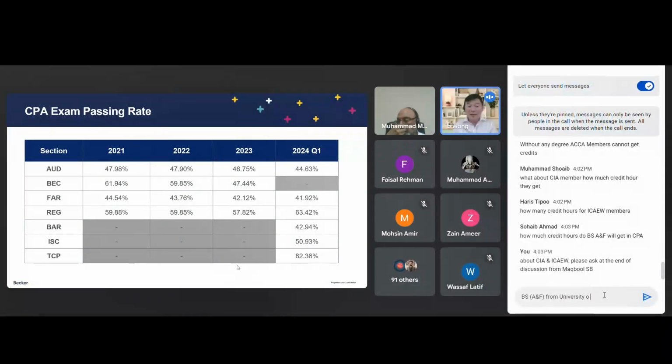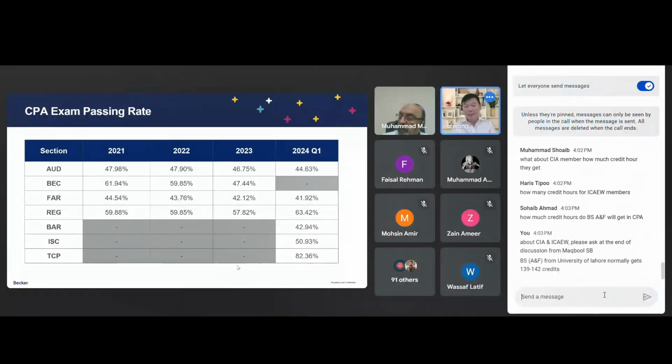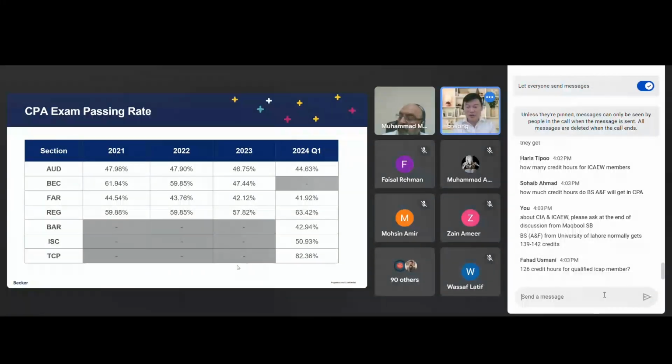So don't get fooled by these numbers. Again, unless you are good with U.S. tax, I don't recommend you go for TCP. But otherwise, it's about a 50% passing rate for each individual section.